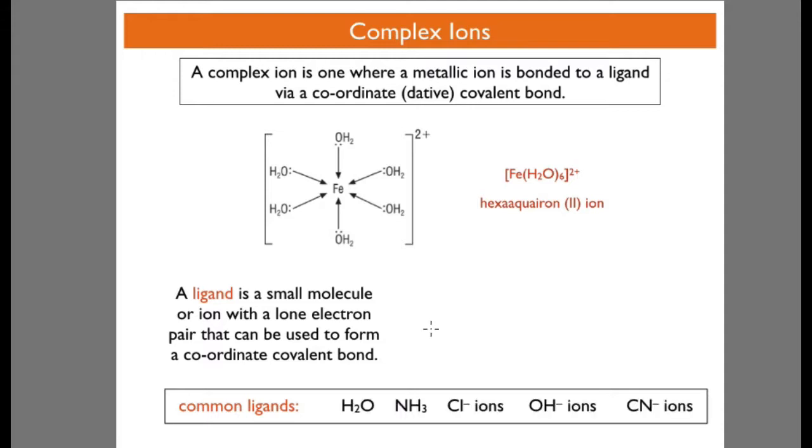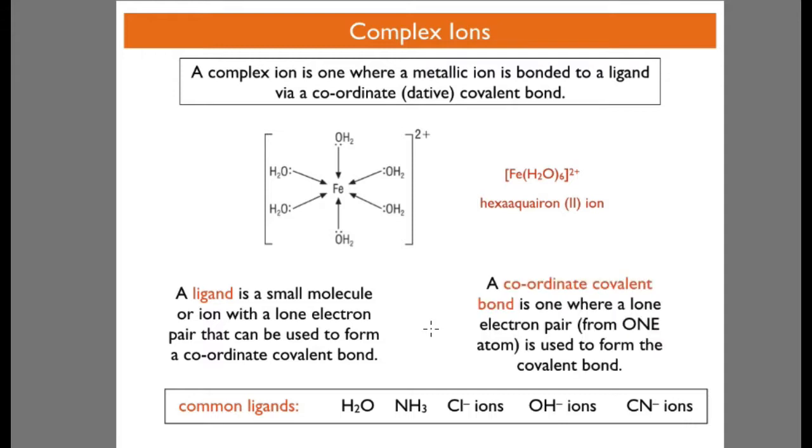Some of the common ligands include water, ammonia, the chloride ion, hydroxide ions, cyanide ions. A coordinate covalent bond is one where a lone electron pair from one atom is used to form the covalent bond. Remember, covalent bonds are where electrons are shared, but you can have sharing where one, in this case a molecule or ion, provides both electrons.